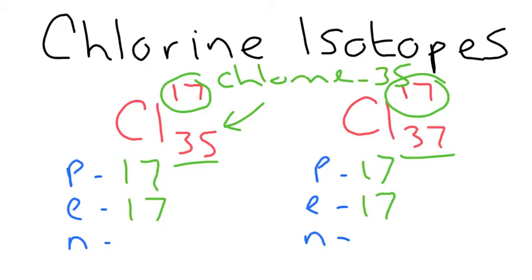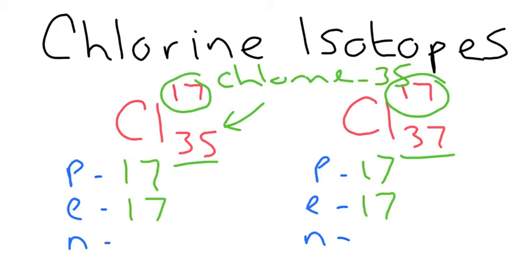This is where we then start to see the difference. Remember, a definition of an isotope is that they have the same atomic number but different mass numbers. If they have the same atomic number and the number of protons are the same, the only particle that can be changing must be the number of neutrons.